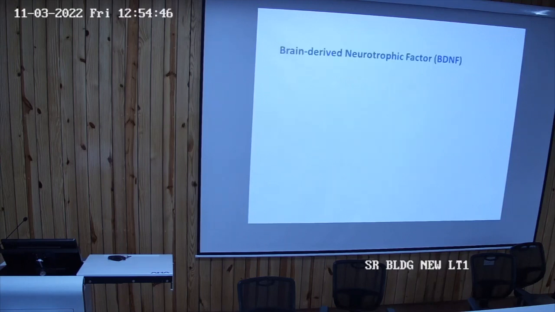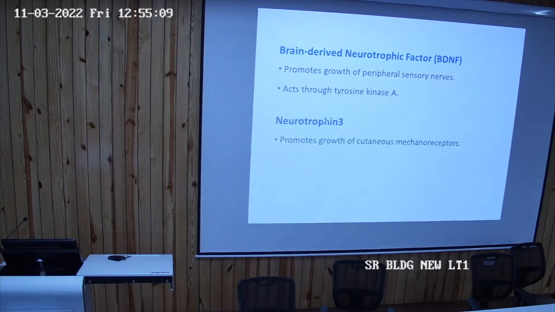Then brain derived neurotrophic factors, as we discussed, this promotes the growth of peripheral nervous system के जो neurons है, nerves है, उसको ये growth में help करते हैं. And it also acts through tyrosine kinase A receptor. Okay. And neurotrophin 3, this promotes cutaneous mechanoreceptors.